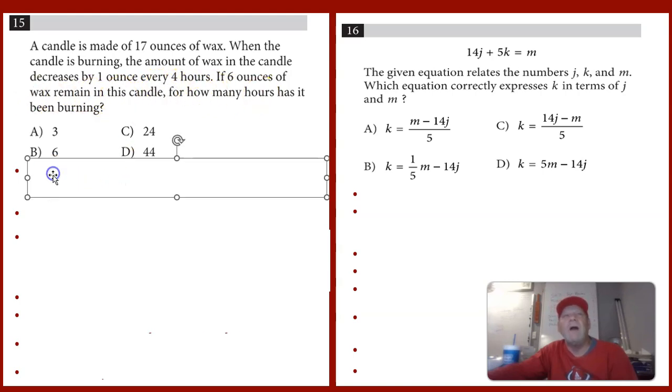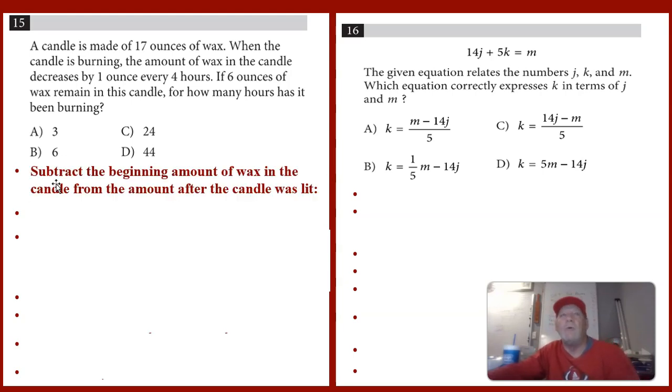So you're trying to figure out how long it's been burning in hours. The first thing you have to do is subtract the amount of wax after the candle was lit and burned from the beginning amount, the 17.